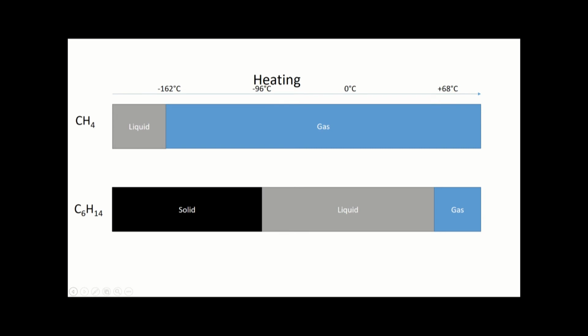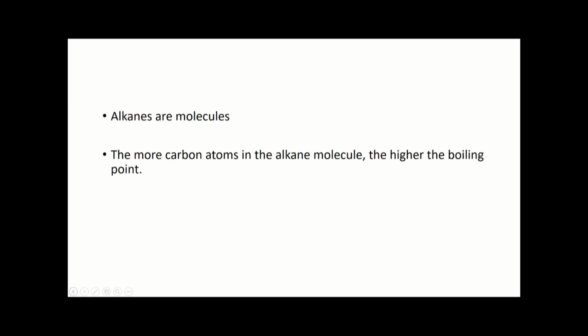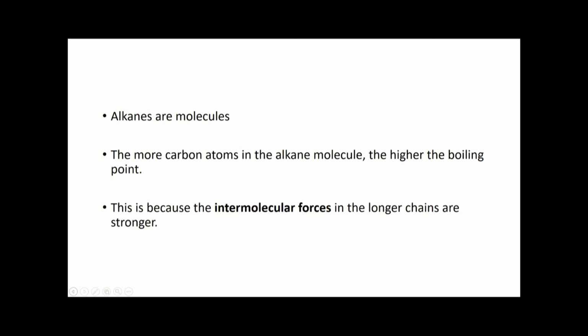So methane has the weakest intermolecular forces out of our two that we've got here. And that's actually a pattern. The longer the hydrocarbon chain, you will find that the higher the boiling point is. So the more carbon atoms in the alkane molecule, the higher the boiling point. And that's because the intermolecular forces in the longer chains are stronger.